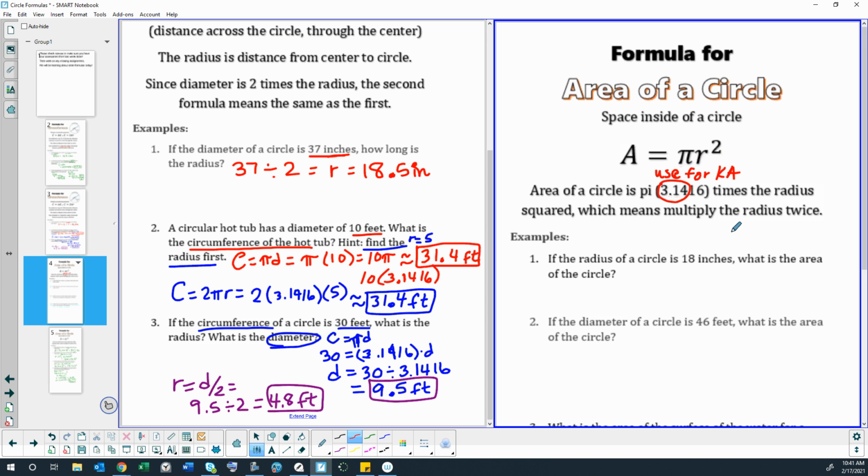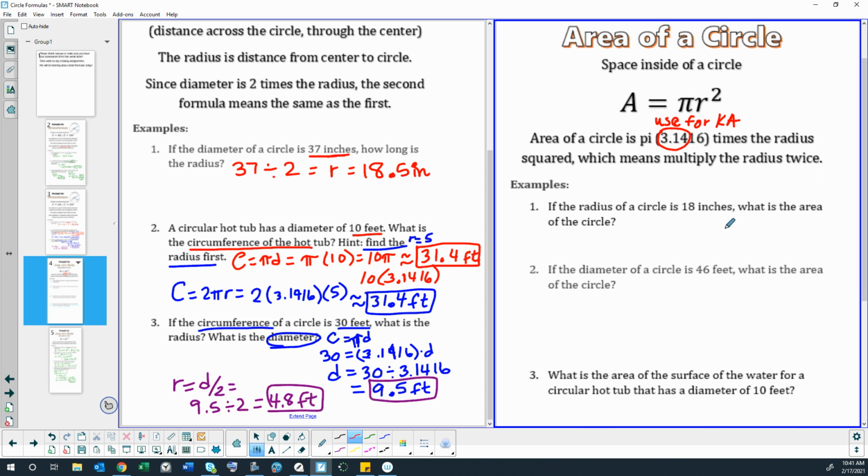All right, go through these problems really fast. If the radius of a circle is 18 inches, what is the area of a circle? So area is the pi value, so 3.14 times 18 times 18, right? Or you can just do the 18 with the little squared button on your calculator.